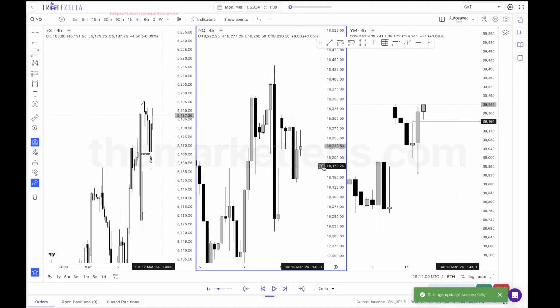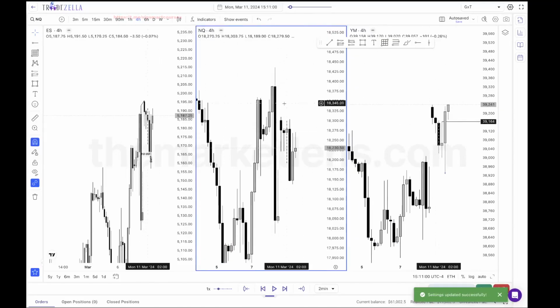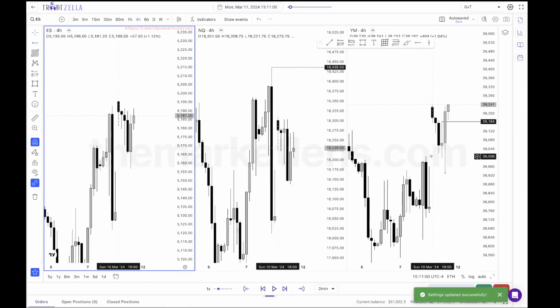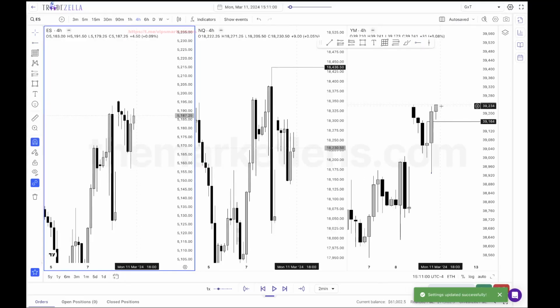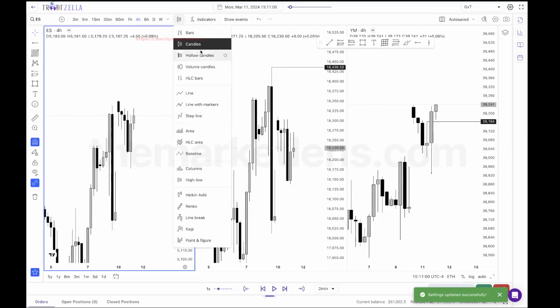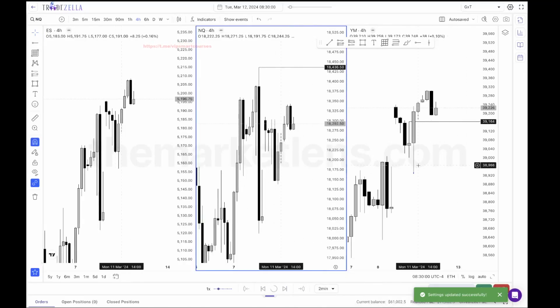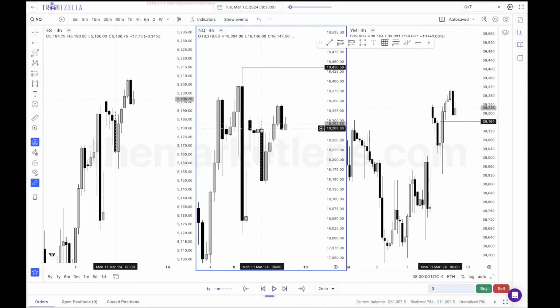So with this close here, though, I'm thinking that NQ can actually catch up, right? NQ can definitely catch up to this high, especially if this asset does not reverse here. We're going to have to see overnight. Let's skip to next day here. Okay. It's looking pretty good where the weekly open low is first, right?